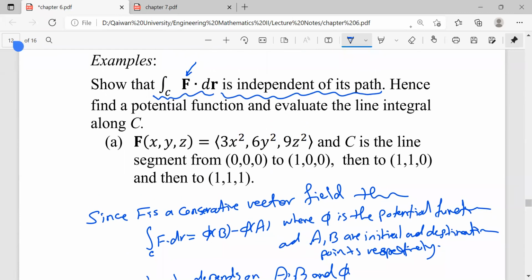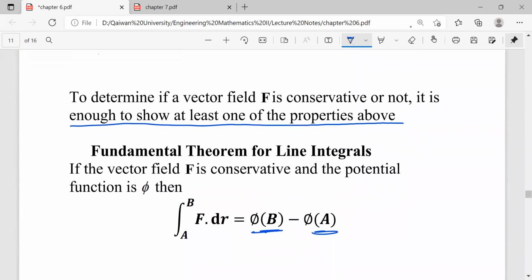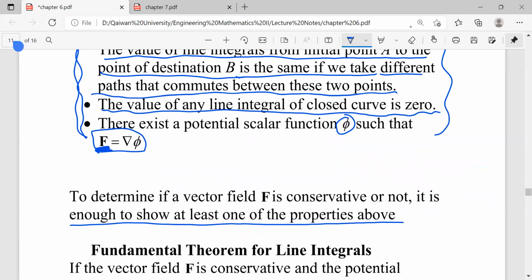Let's answer the first part of the question. Hence, find a potential function. Let's find a potential function for the function. Look, we say F equals grad phi. That means F equals partial phi by partial x i plus partial phi by partial y j plus partial phi by partial z k.